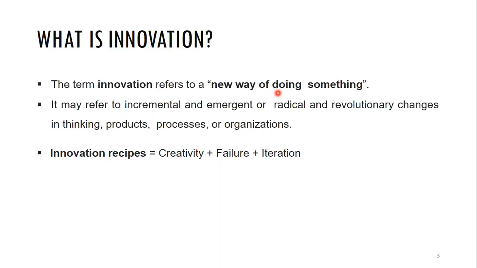And failure: when you want to implement those particular ideas, you may fail due to some risks, because innovation may be a risky process. But when you fail, you have to repeat that particular process, and at the end, you may win the race.